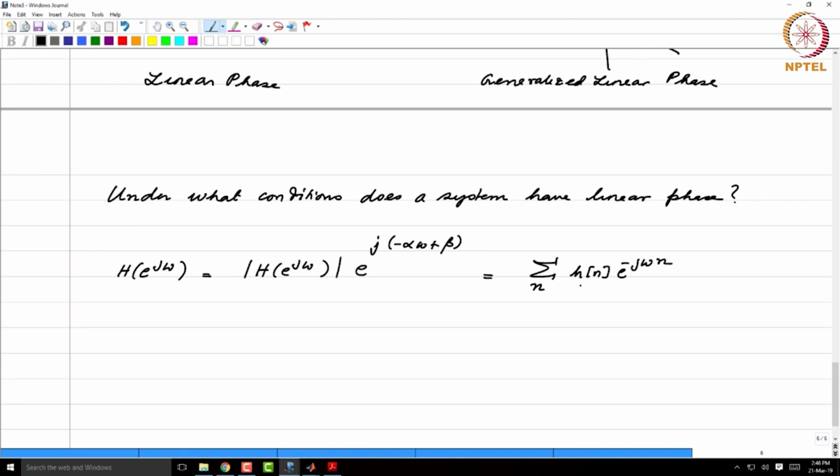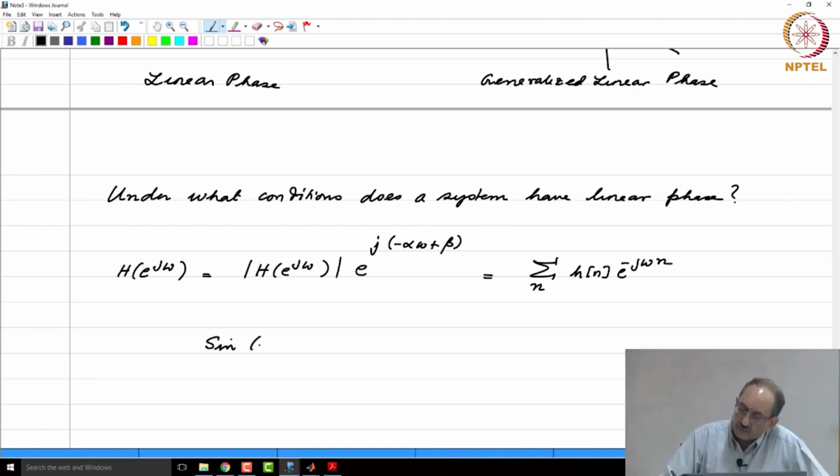Now, let us equate the tangent of the angle on both sides, right. So, this will be sine of minus alpha omega plus beta by cos of minus alpha omega plus beta. So, this is the tangent of the angle on the left hand side.